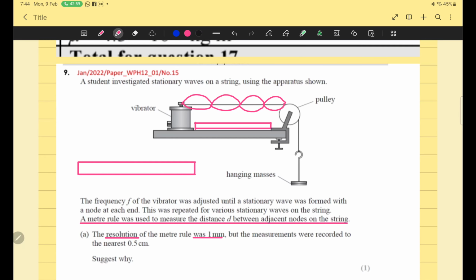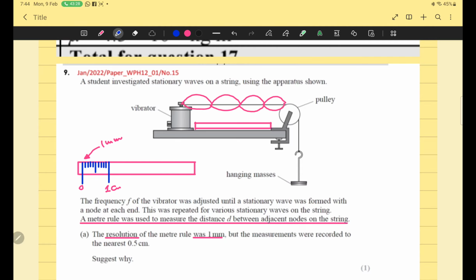So for the meter rule, which we use in our daily routine, the smallest division is zero, then 1 millimeter, two, three, four, five, six, seven, eight, nine, 10. And usually on the meter rule, it is 1 centimeter. And the smallest reading on the meter rule is 1 millimeter. And this 1 millimeter is called the resolution of the meter rule.